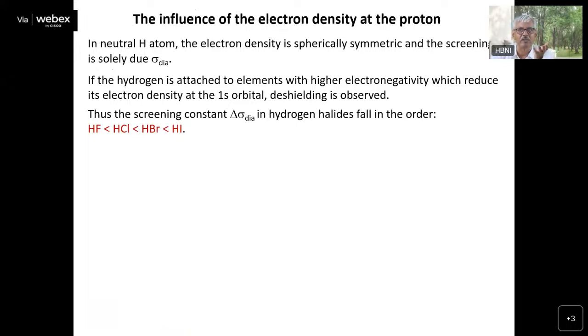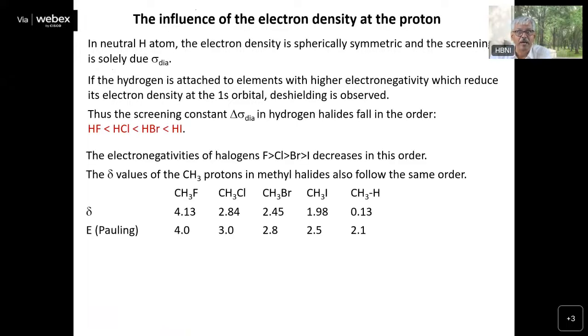If the electronegativity is higher, it will drag the electron, so the electron density around hydrogen decreases, and the shielding constant also falls. In the order of electronegativity, I have shown here HF less than HCl, less than HBr, less than HI.